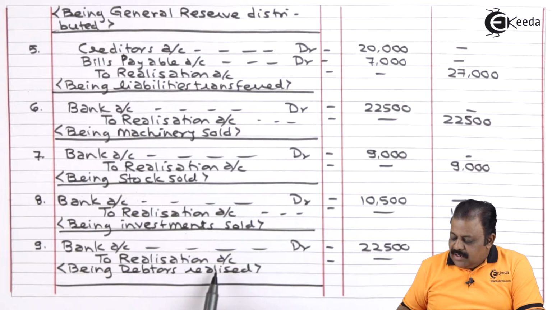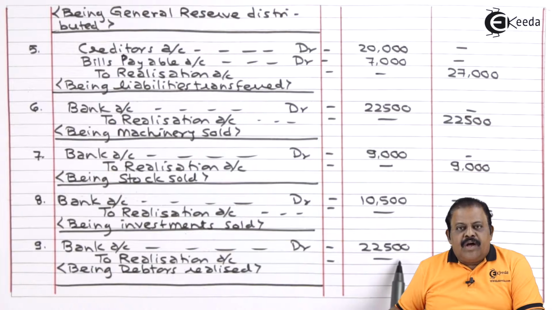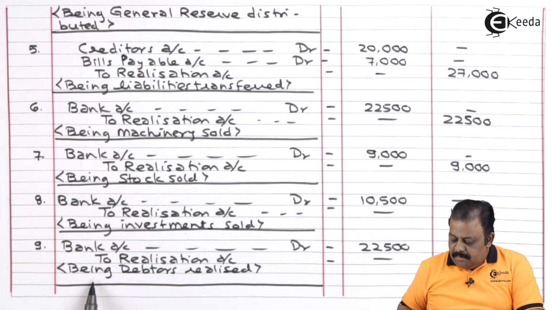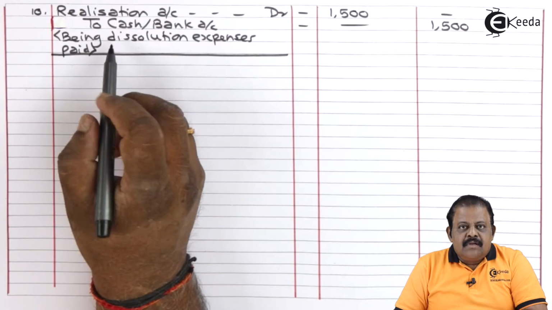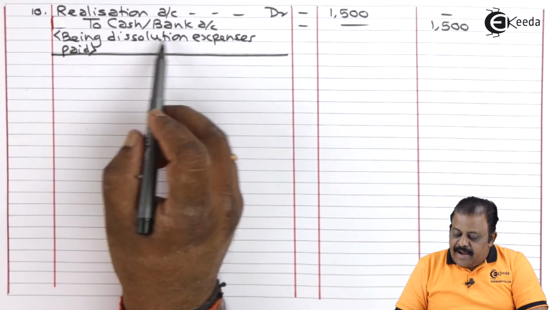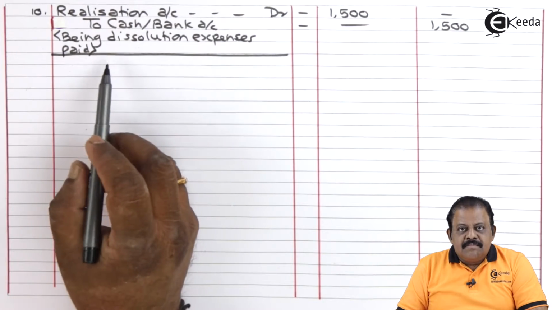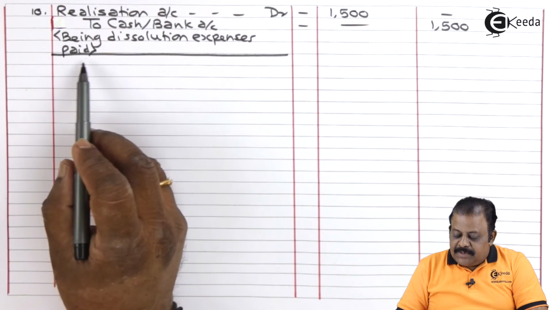Bank account debit to realization account 22,500, being debtors realized. Realization account debit to bank account 1,500, being dissolution expenses paid.